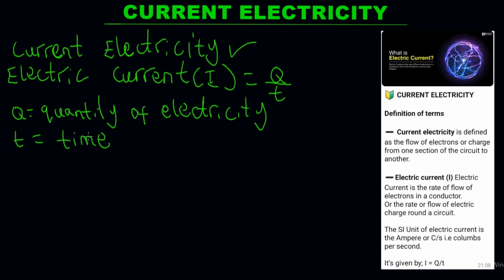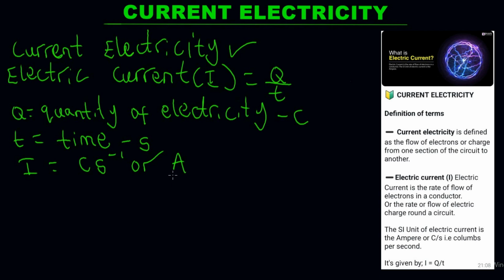So with this, we can easily get the unit of electric current. Quantity of electricity is measured in coulombs, represented by C. Time is measured in seconds. So the unit for electric current, I, is coulomb per second, or we could just say amperes.